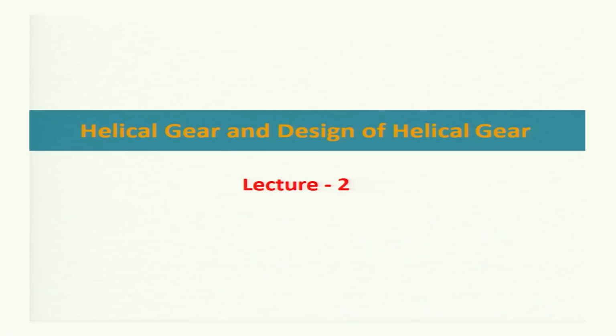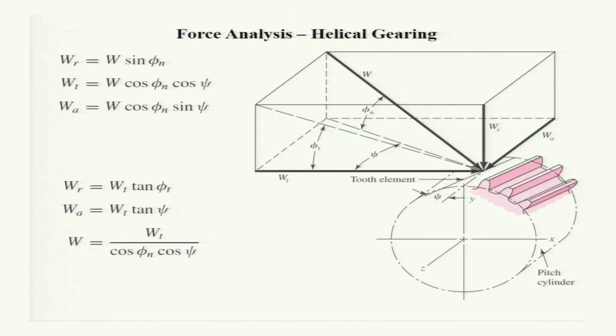The first, which is the useful component, is the tangential component Wt, and a component along the radial direction which acts along the axis of rotation is the Wr, and the component along the axial direction is Wa.